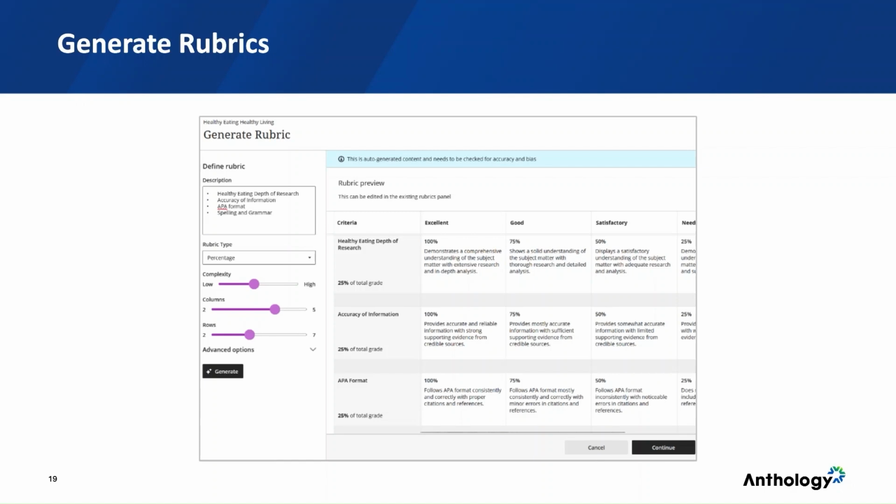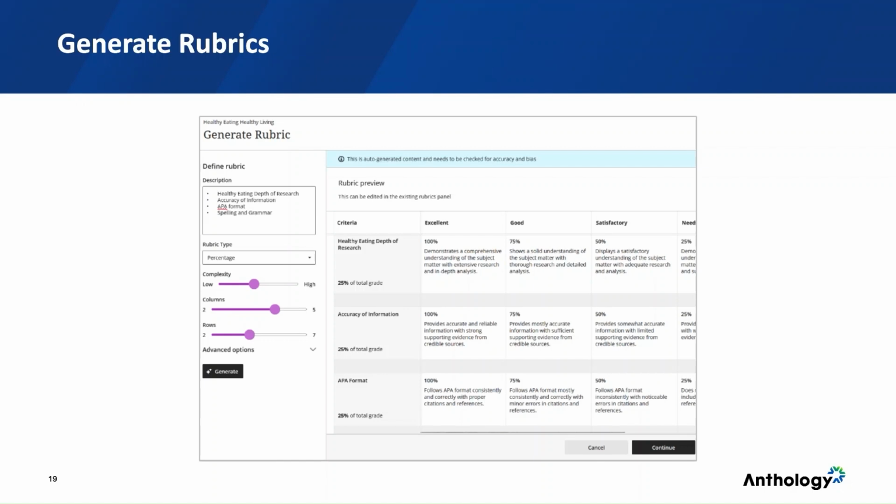If that's not what you want or not what you need, you can also provide description here. So, about the topic of your course, the assignment, the specific task, or the criteria that are important for you through that assessment. After that, you'll have the option to select the rubric type.